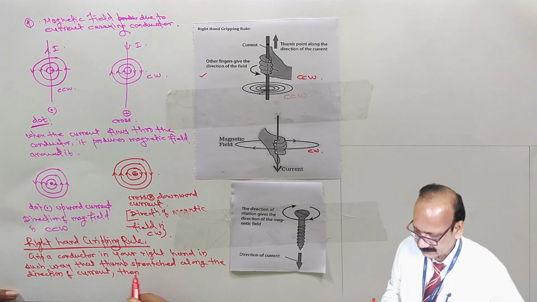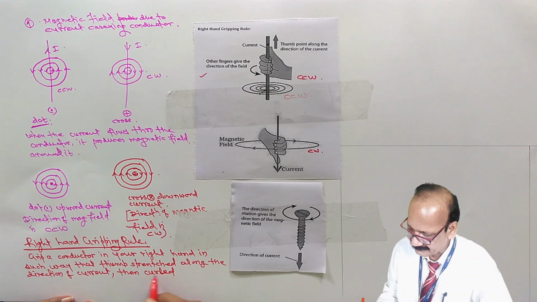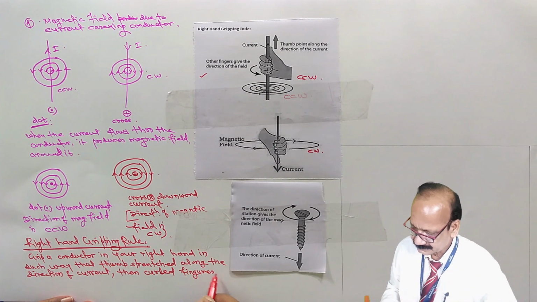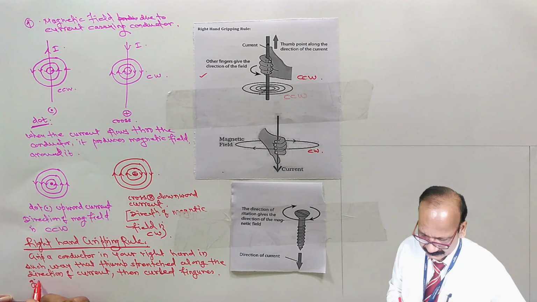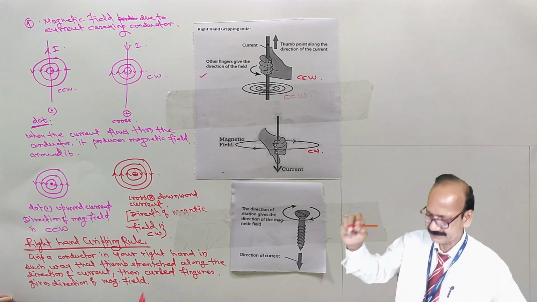Then curled fingers give direction of magnetic field.